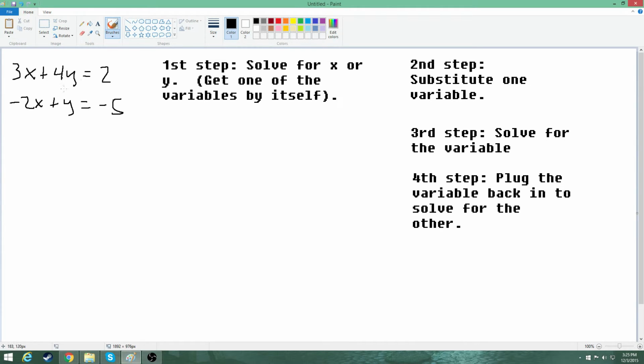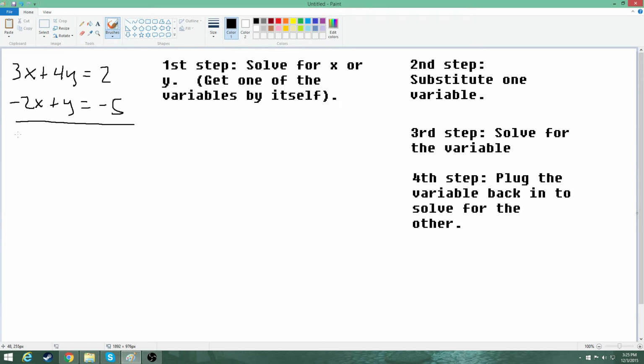Okay, so first step is to solve for x or y, and we want to get one of the variables by itself. So we're going to choose one. I'm going to choose the bottom function in this place. The reason why is because y doesn't have a coefficient, so it's nice and easy.